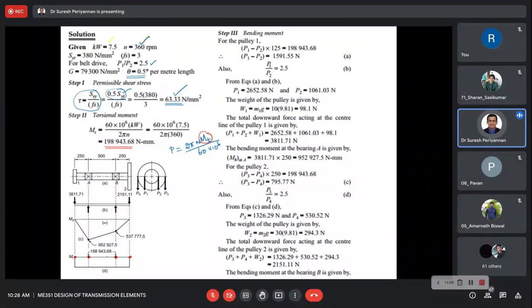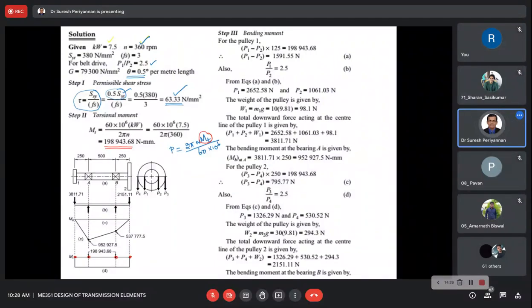Anyway, we are not going to discuss the bearings now. Just keep in mind that this information is very important when we discuss the bearings, so you can easily understand how the bearing is subjected to torsion load and vertical load. Those things we will consider later.